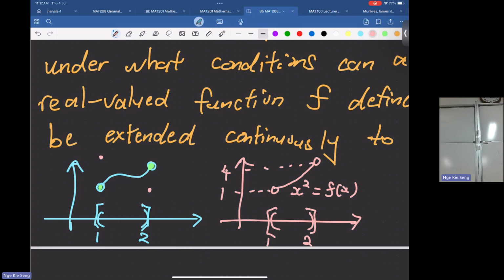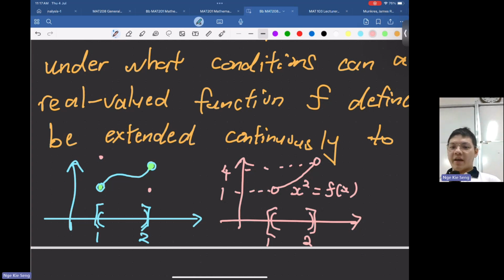Or you can simply say that f(x) equals x squared on the closed interval. So in this case, there's a natural way to extend it, because the points 1 and 2 also follow the formula defined on the open interval. Does it make sense?